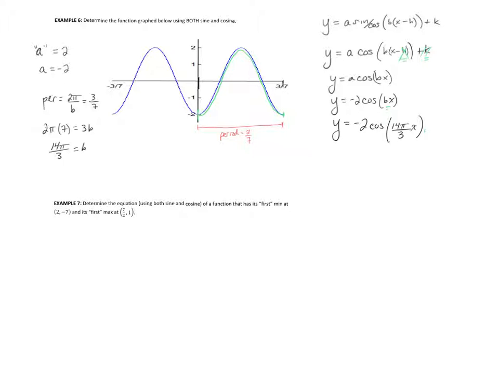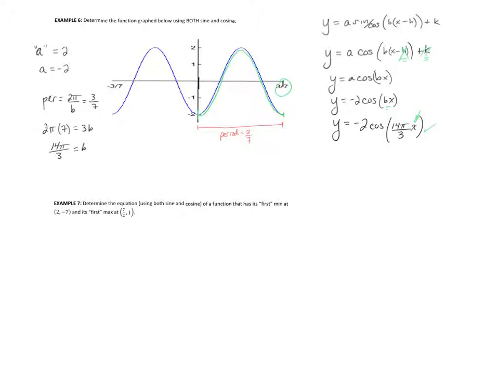Now, it would be cool to go off to our calculator, or Desmos or something like that, make sure we're in radian mode, and graph negative 2 cosine of 14 pi over 3x, and ensure that, yeah, it does work, and it would have a y value of negative 2 at 3/7. And actually, we should be able to test that ourselves. Think about putting that x value of 3/7 in for x.